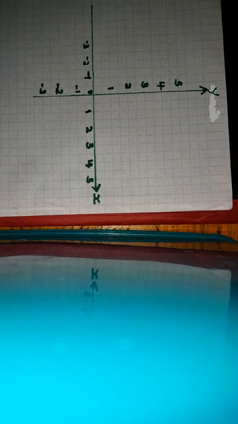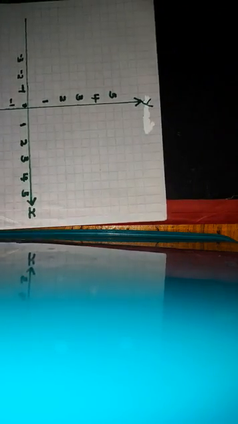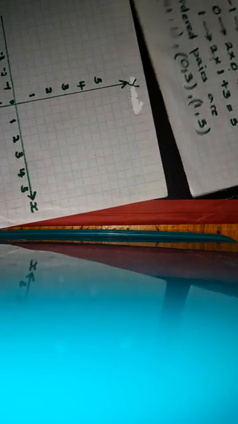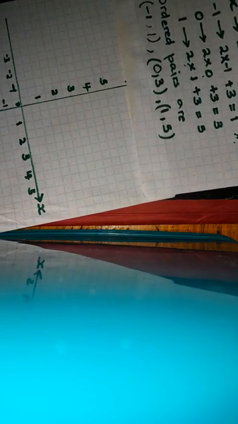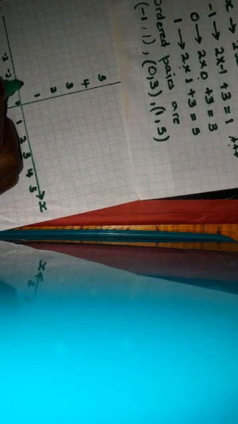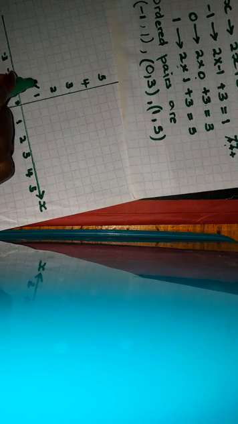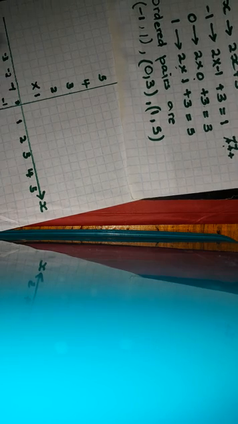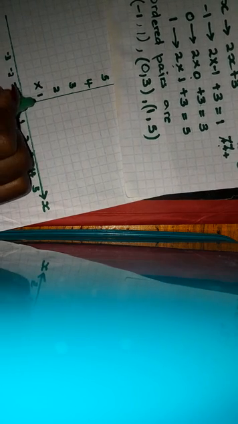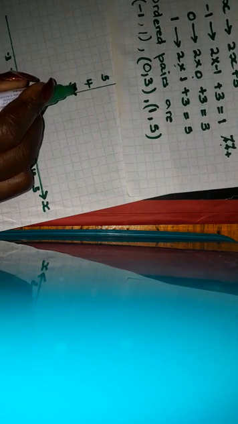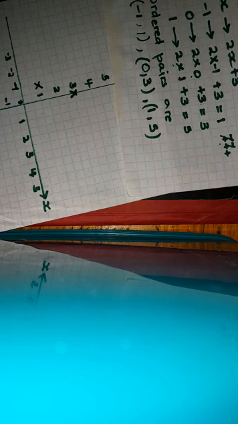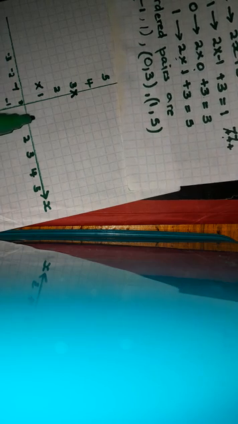Do you still remember that one? Or let me show you. -1, 1. Then this is where that coordinate lies. Then 0, 3. This is 0, 3. Then lastly 1, 5.